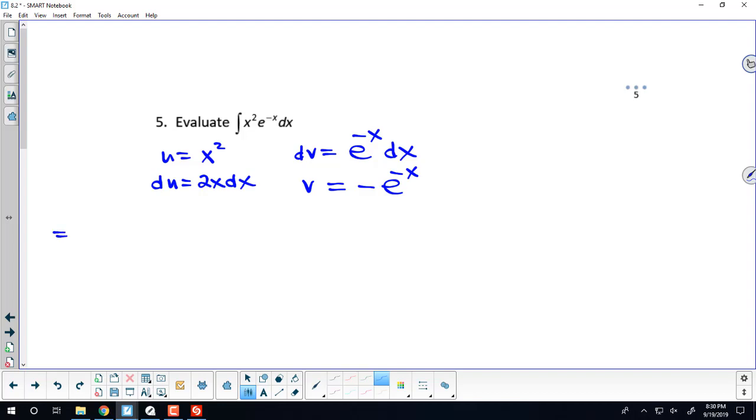All right, so we have u times v minus the integral of v du. Just get in the habit of writing these out explicitly.